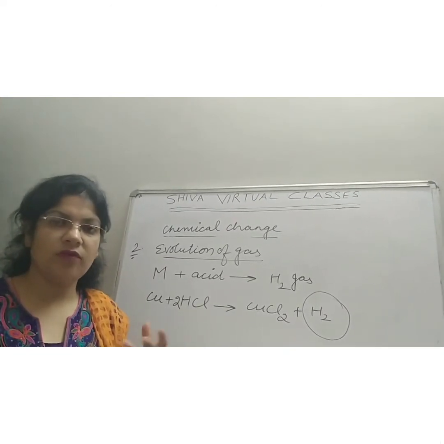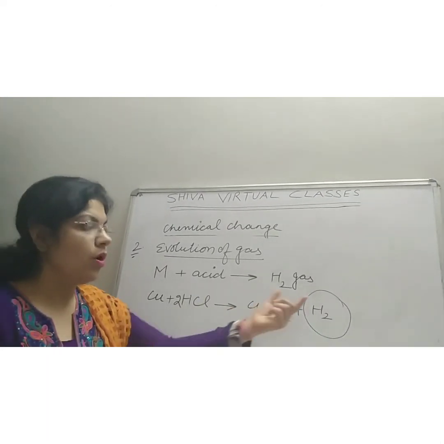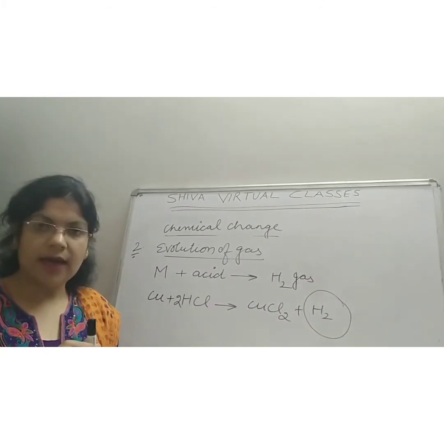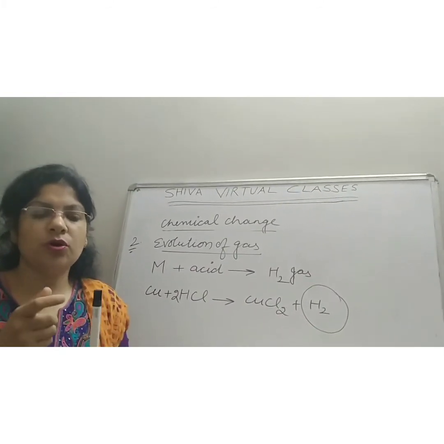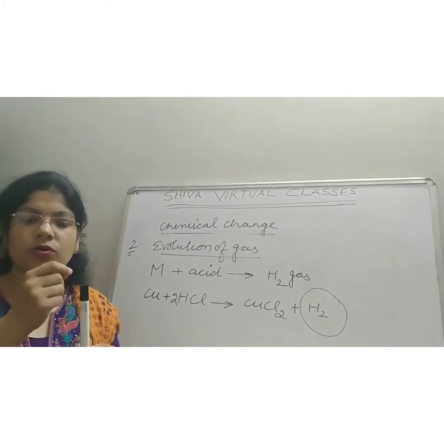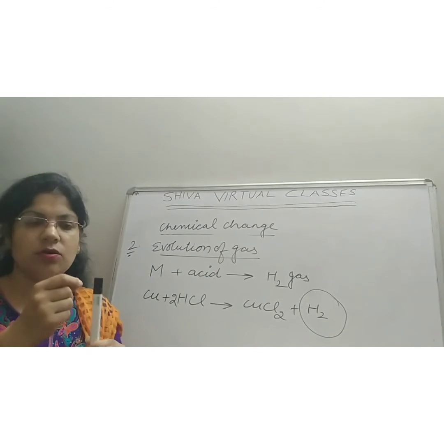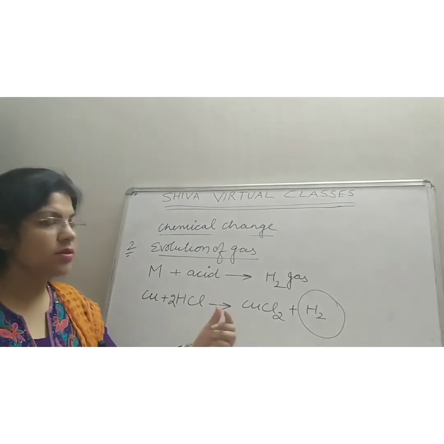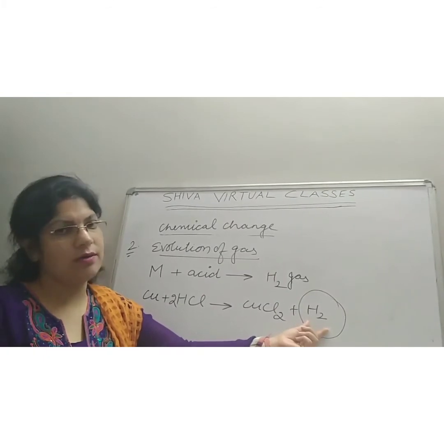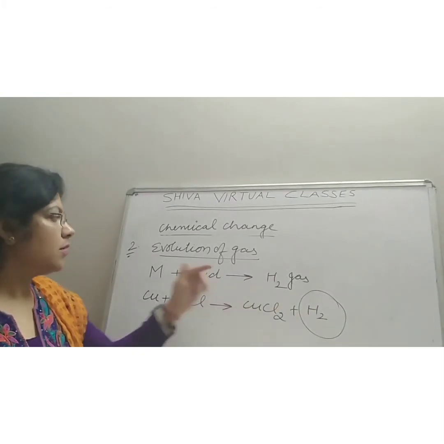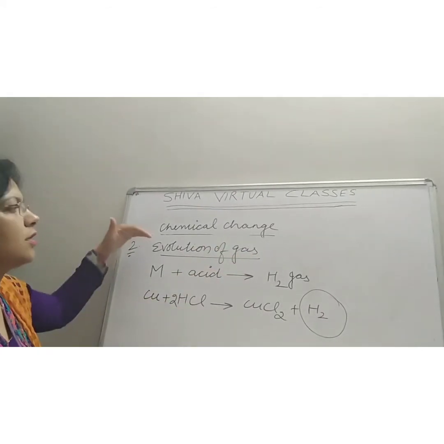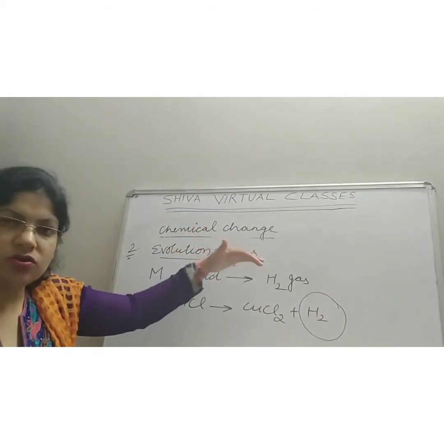In bursting of cracker, the sound is produced due to evolution of the hydrogen gas. Just like that, a popping sound is produced from the test tube when you put the burning candle or burning matchstick on the mouth. This popping sound shows that there is evolution of the hydrogen gas. It means there is evolution of the gas, which means the substance undergoes chemical change.